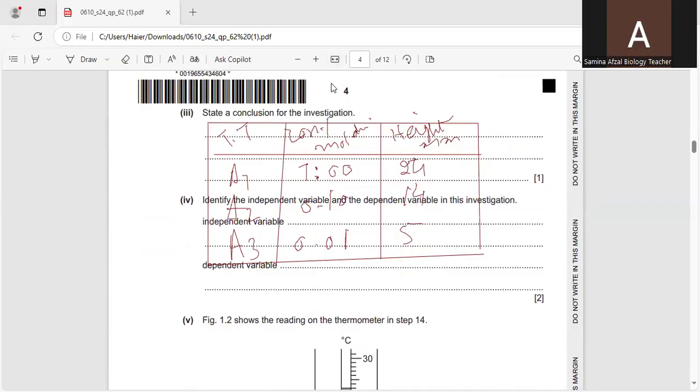State a conclusion for the investigation. From this table, it is very clear that at high concentration of the hydrochloric acid, the height of the yellow agar jelly is also greater in comparison to the other two concentrations.